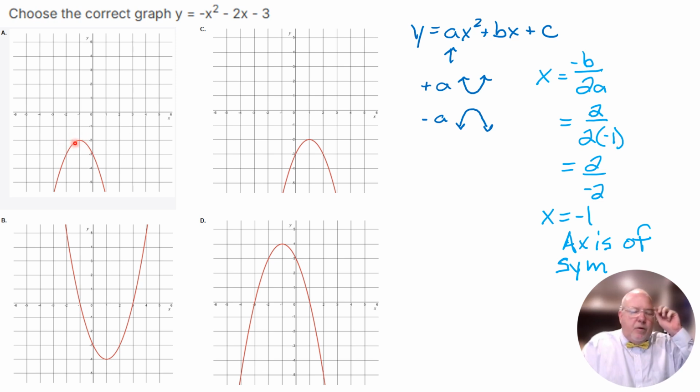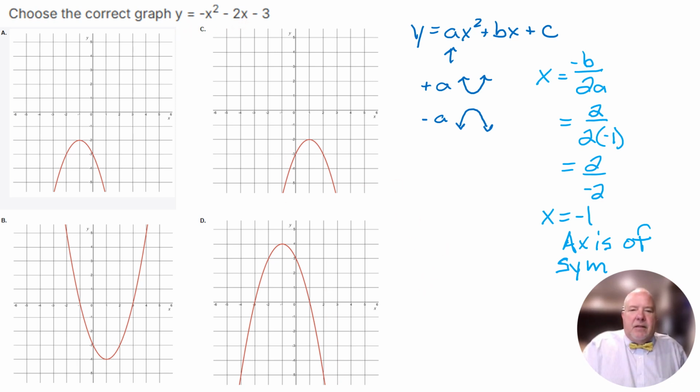All right, so how can I figure out what that is? Well, we have the x value of the axis of symmetry, and all we need is the y value. And we're trying to figure out, is it a y value of 4 or is it a y value of -2? And the way we do that is by taking this x value and substituting it into the equation, because that will give us the y coordinate of the vertex.